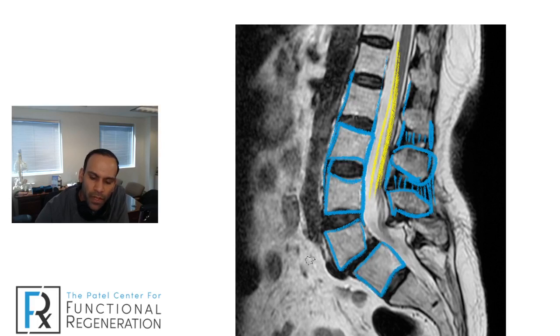It is forward, and if you measure, again, that being about 50%, that being about 25%, we're somewhere in between the 25 and 50% mark, so that is a grade 2 spondylolisthesis of these two segments here.